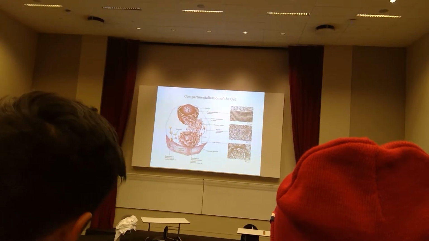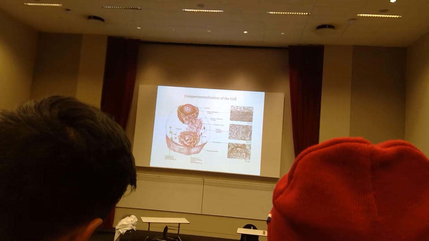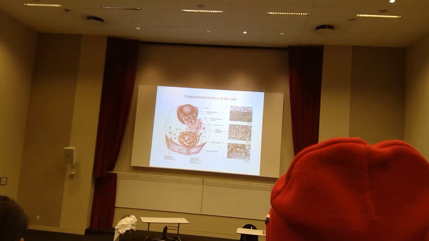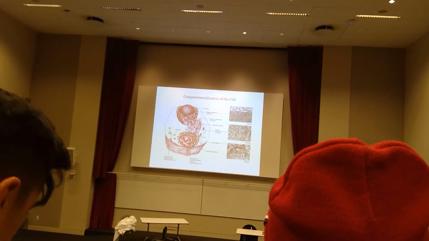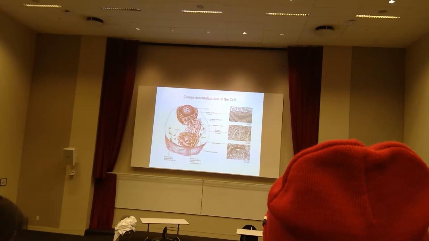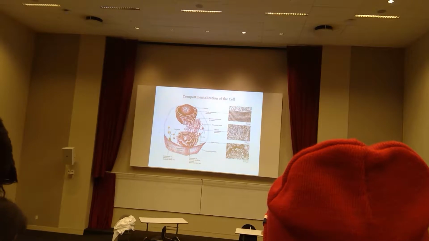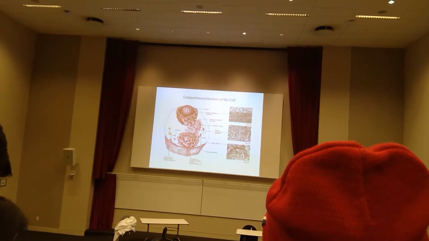And so we need to create these barriers between what defines the inside of a cell and the outside, and it needs to have a bunch of characteristics. It needs to be semi-permeable. You can't just have a complete wall. You need to be able to bring things in and out, and that needs to be subject to some kind of regulation.